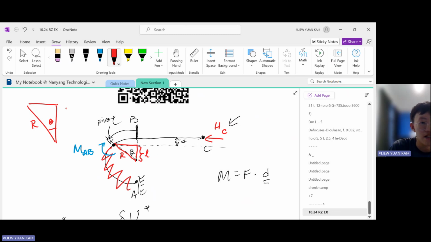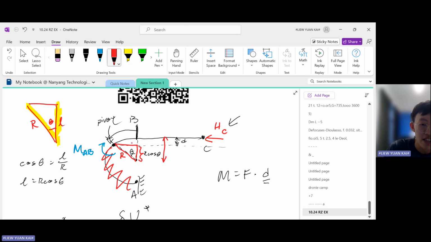Let's call it L. So with respect to theta, this is adjacent, this is hypotenuse. Adjacent and hypotenuse is cosine. So cosine theta is equal to adjacent over hypotenuse. So L is equal to r cos theta. I'm going to replace this on my diagram with r cos theta. Then what is this entire length?